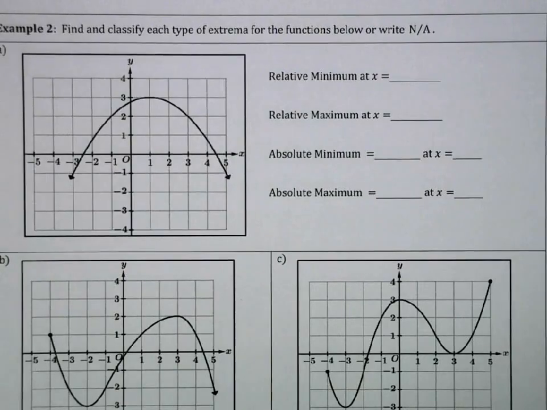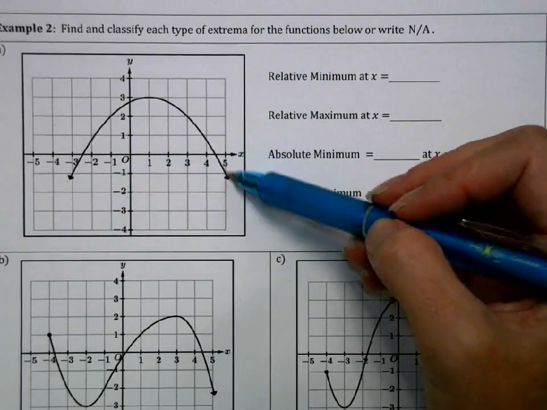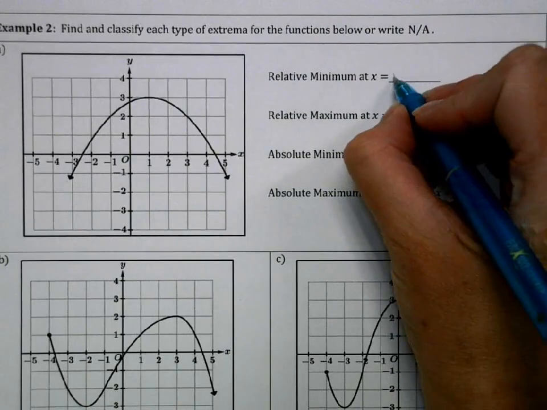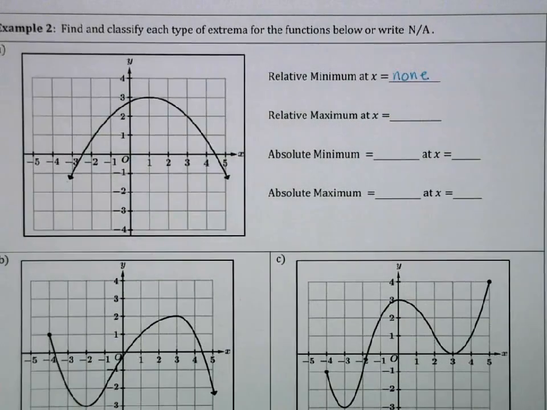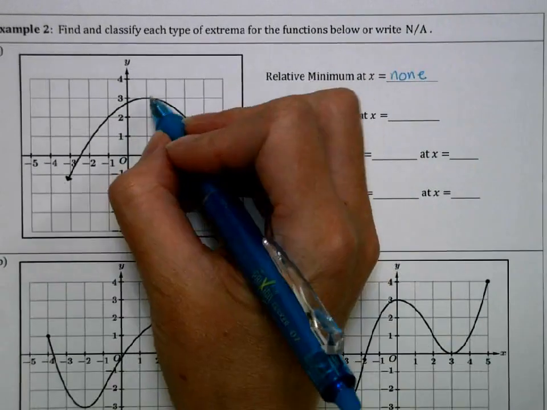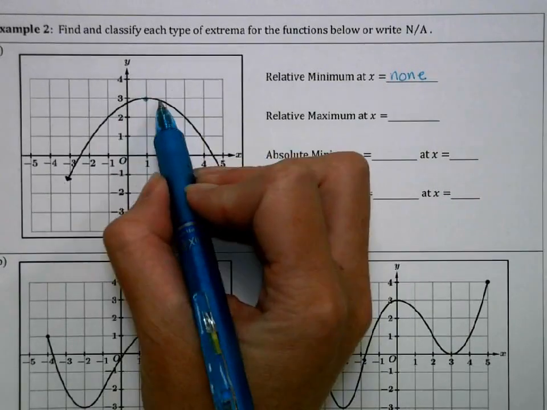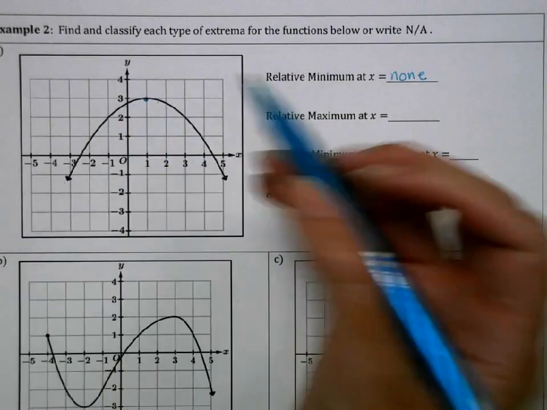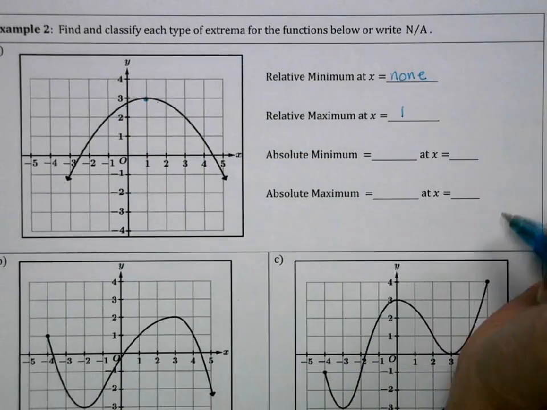All right, so we're going to find and classify each type of extrema, or write that there's none there. So relative minimum. This graph just continues to go down, so there is no relative minimum. There is, however, a relative maximum. This point right here is bigger than the values close to it. So that's a max at 1.